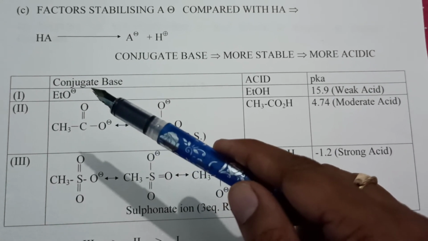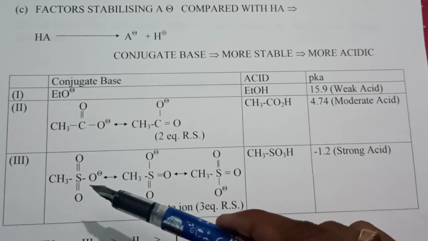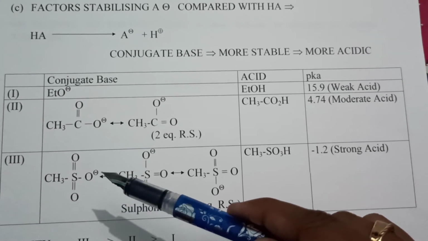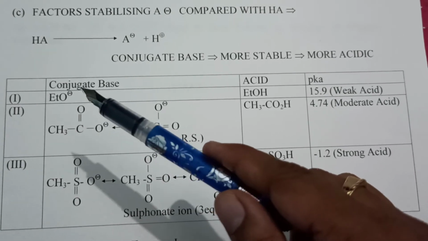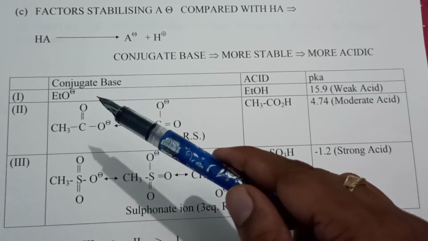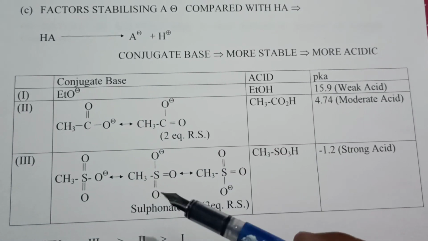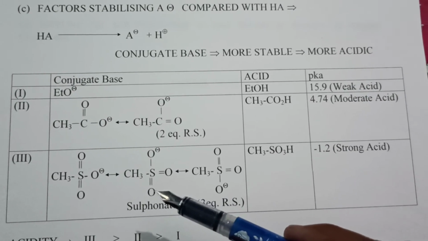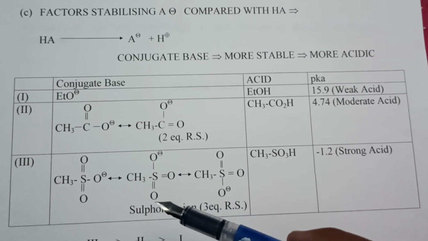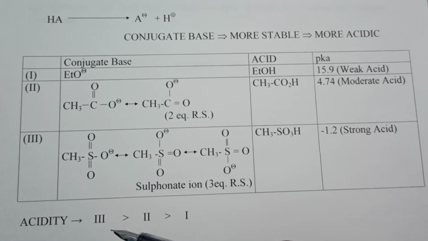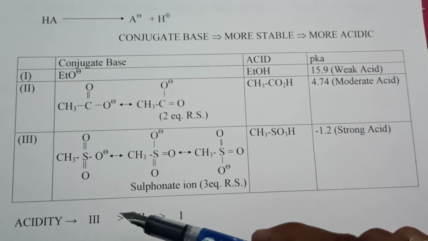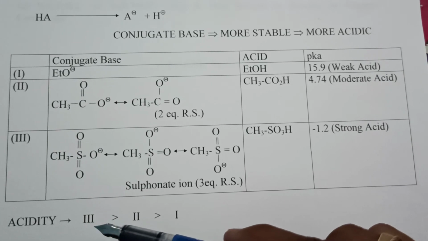If you compare the stability of the conjugate bases, the methane sulfonate ion is most stable, the acetate ion is less stable, and the least stable is the ethoxide ion. And if the stability of the conjugate base or anion increases, then the acidic strength also increases. So methane sulfonic acid is most acidic, then acetic acid, then ethanol.